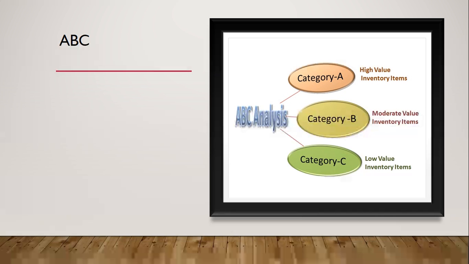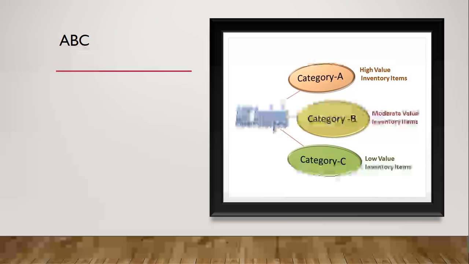Yet, to get the most from management efforts, it's efficient to focus on the items that cost the most to the business. The Pareto principle states that 80% of overall consumption value is in only 20% of total items. In other words, demand is not evenly distributed between items. Top sellers outperform the rest.